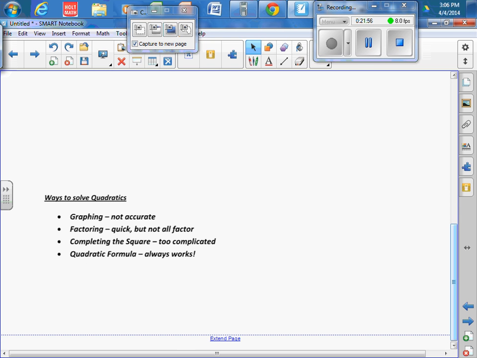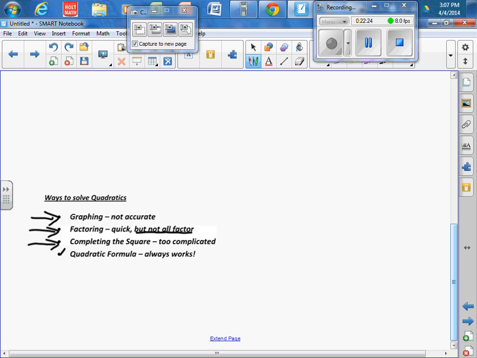When you're solving a quadratic by graphing, well, it's not always accurate because if you get into fractions and so on, you're not going to know where those fractions are. Factoring can be quick if the polynomial can be factored easily, but again, not all of them can be factored. Completing the square, it's a little bit complicated. We're not even going over that so much in Algebra 1.